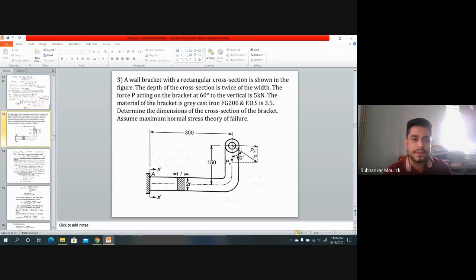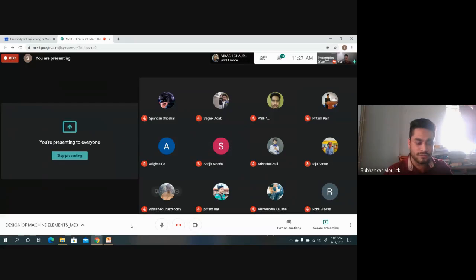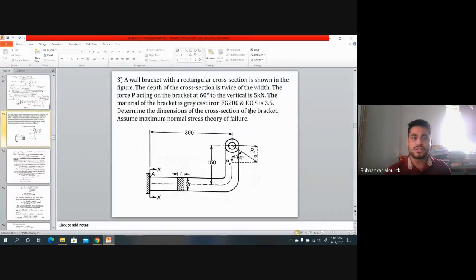The force P acting on the bracket at 60 degrees to the vertical is 5 kilonewton. You can see at this point one force is acting, making an angle of 60 degrees with respect to the vertical. The value of this force P is 5 kilonewton.